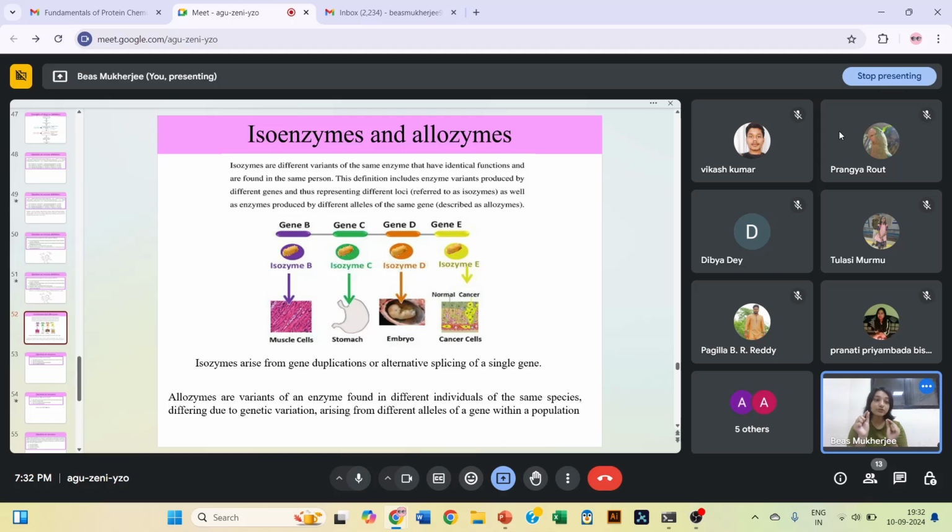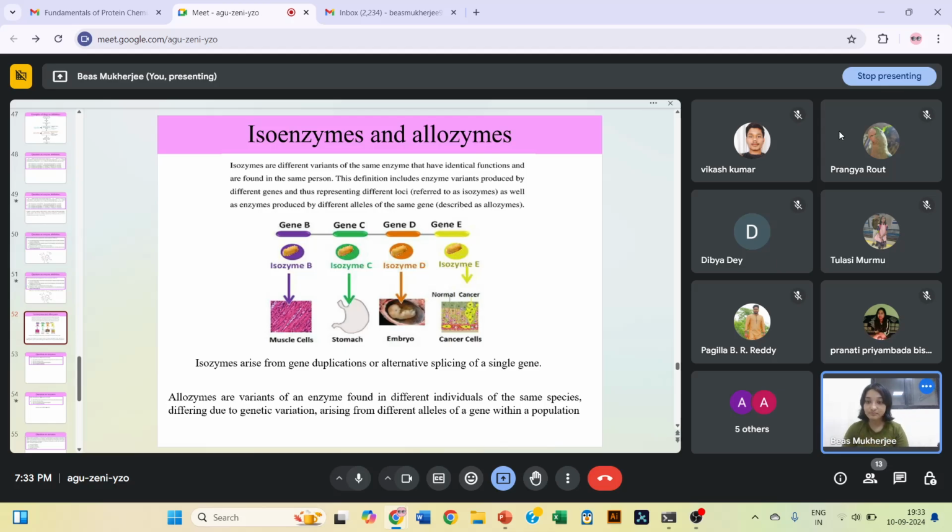So allele means the two different variants of the same gene present in the two diploid chromosomes. So that is your allele. Here, if two different alleles are producing two different enzymes, these are called allozymes. But if they are produced by different genes, then it is called isozymes.